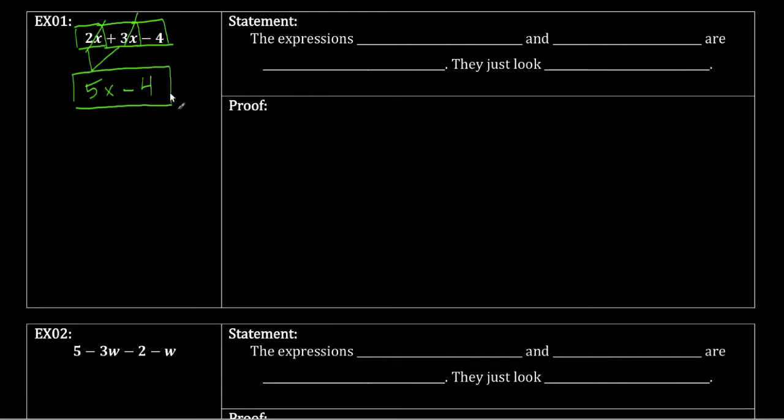Alright, so the first expression that we're given is 2x plus 3x minus 4. We end up simplifying it to the form 5x minus 4.